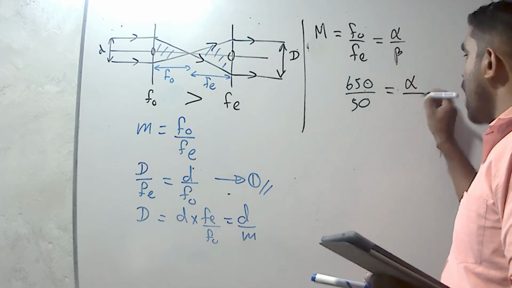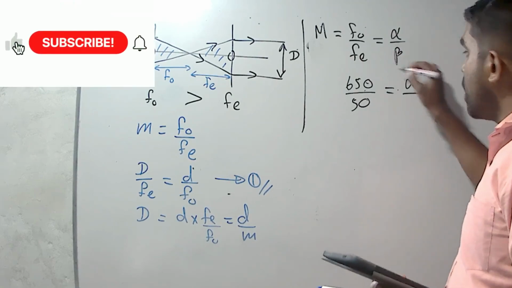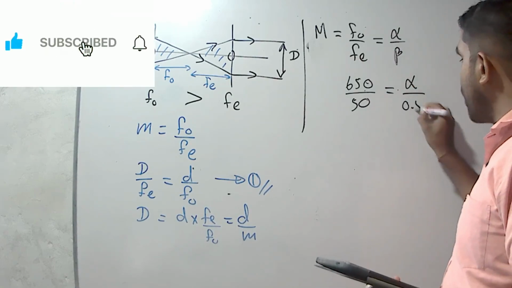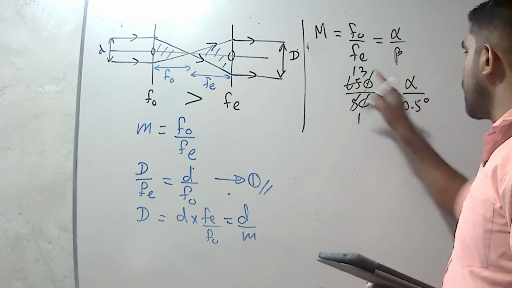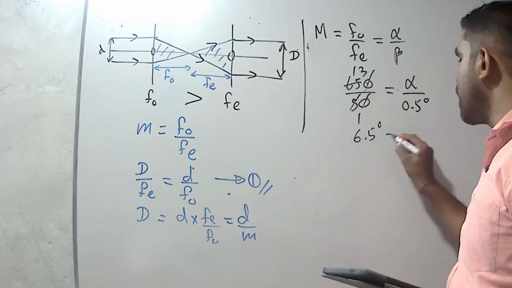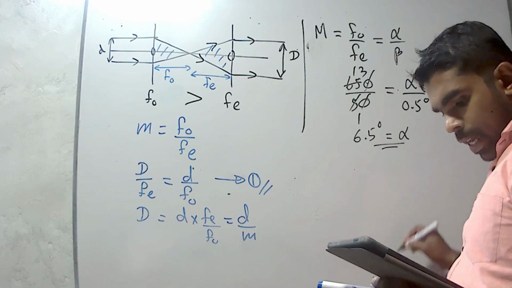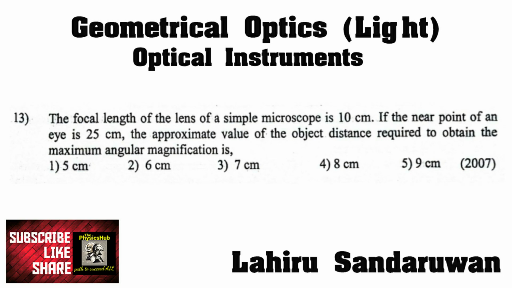We have to find alpha, the angle formed by the final image. Beta is given as 0.5 degrees. 650 divided by 50 is 13, and 13 times 0.5 is 6.5 degrees. Then the answer is 1.